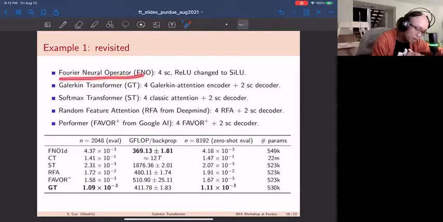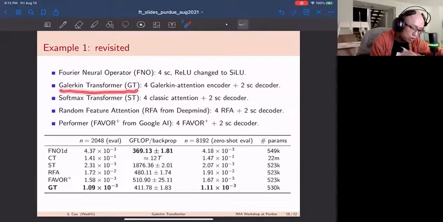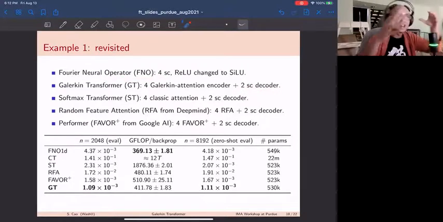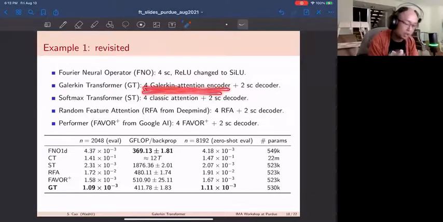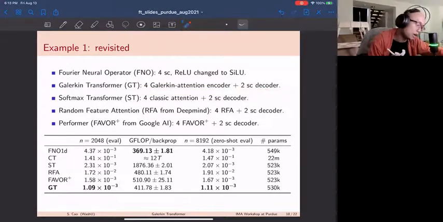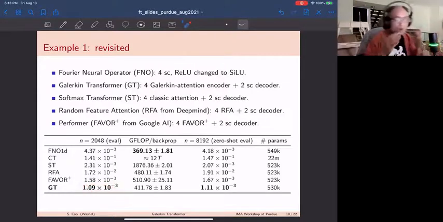Here is example one revisited. We compare the Fourier neural operator, which we re-implemented a bit and changed a few structures, with our Galerkin transformer. We use 4 Galerkin attention encoder layers and 2 spectral convolution layers from the Fourier neural operator. We allocate 2/3 of the parameters to the Galerkin attention and 1/3 to the spectral convolution. What's the result? We increase the original performance by 200 times.